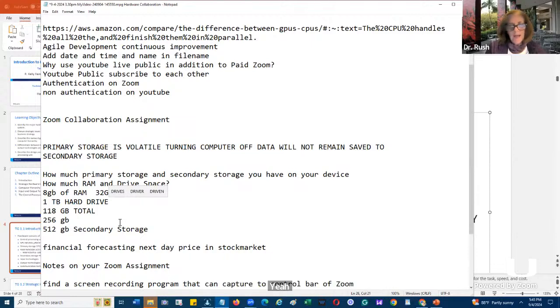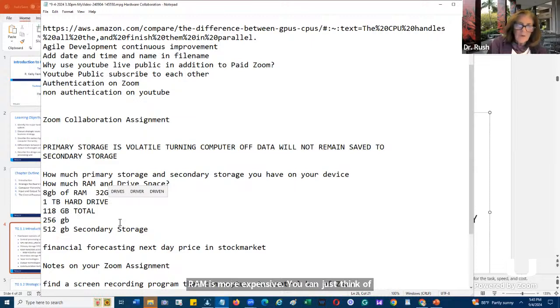The lingo is, and who cares? Why is RAM more expensive? You can just think of it: primary storage in general is more expensive than secondary storage per byte. But the idea is primary storage is faster than secondary storage.